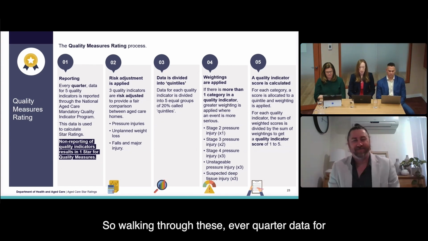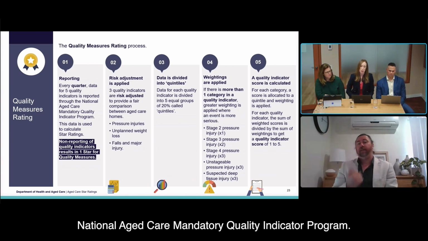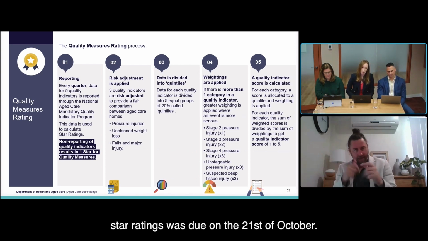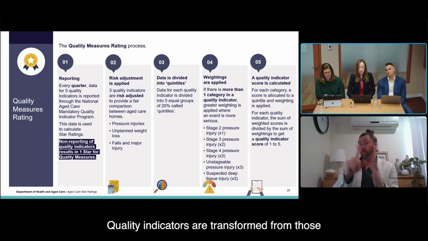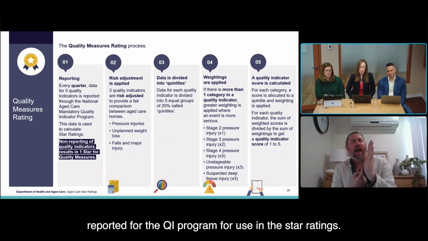So walking through these, every quarter, data for 5 quality indicators are reported through the National Aged Care Mandatory Quality Indicator Program. Quality indicator data that will be used in the star ratings was due on the 21st of October. Quality indicators are transformed from those reported for the QI program for use in the star ratings.